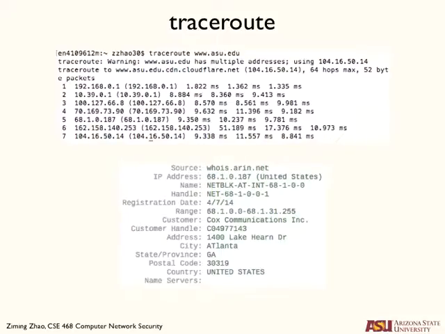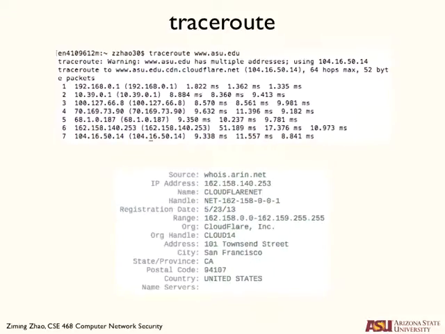And eventually, this message leaves the Cox network and connects to this router, 192.158.140.253. So this is actually an IP address of a company called Cloudflare. This company is a web hosting company.